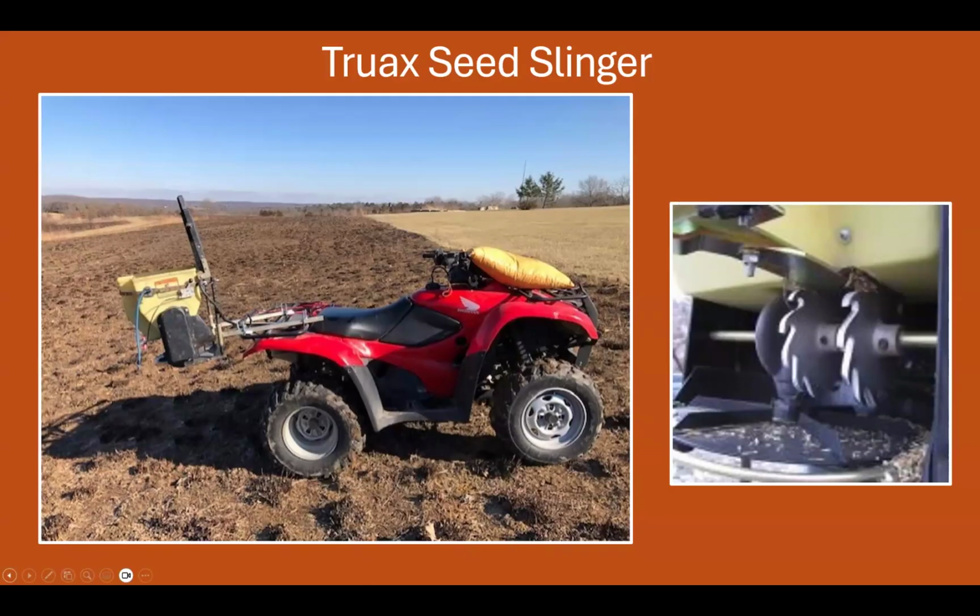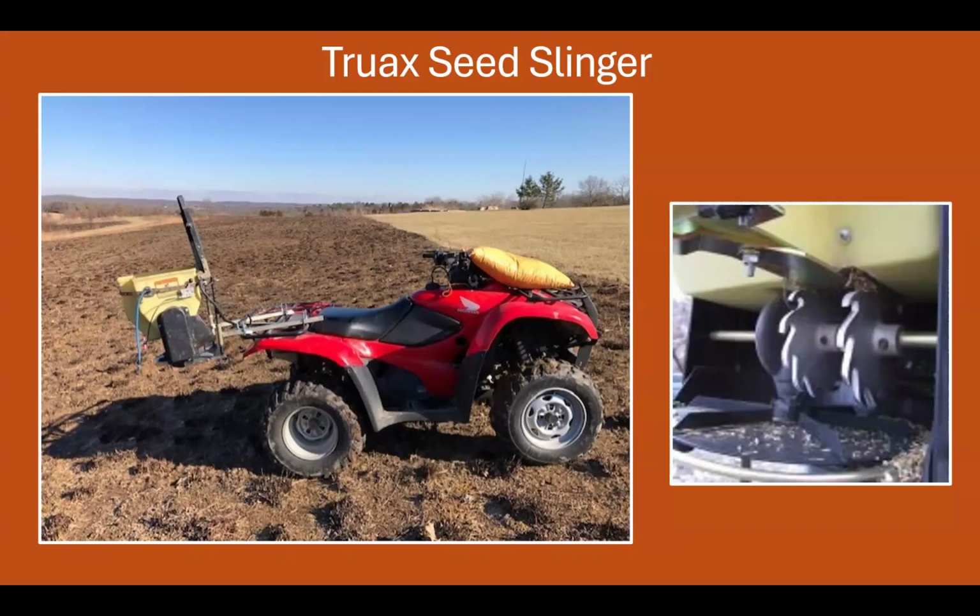And similar to the Vicon, there's a slide gate on it that can be adjusted, that can control the rate of the seed that's coming out. And this particular model has a 10-inch disc on it that slings the seed evenly. You can see it has these different sections. It's got fan blades here that throw the seed uniformly toward the ground.